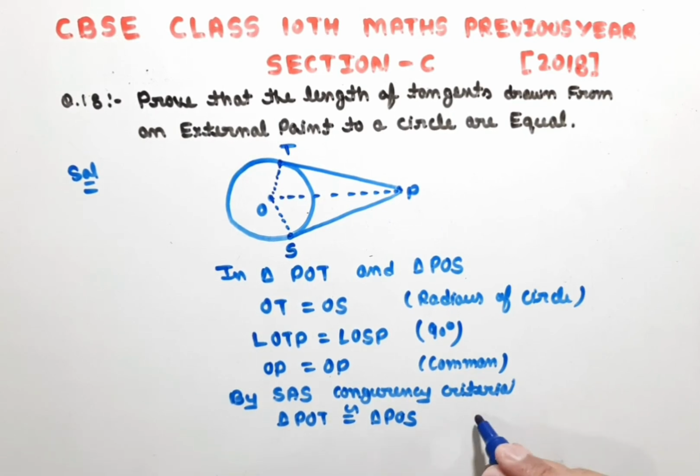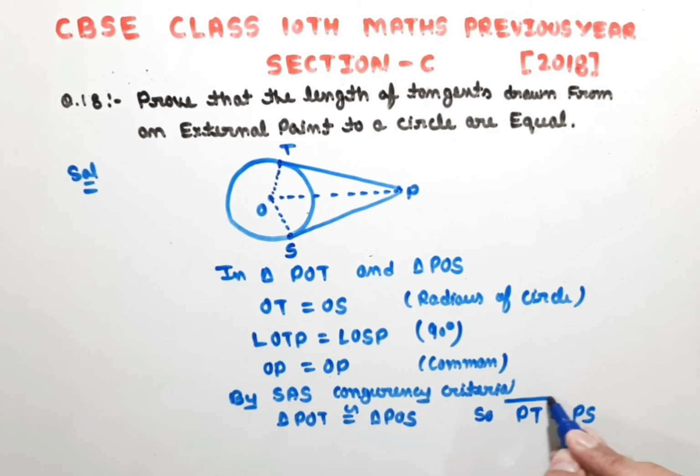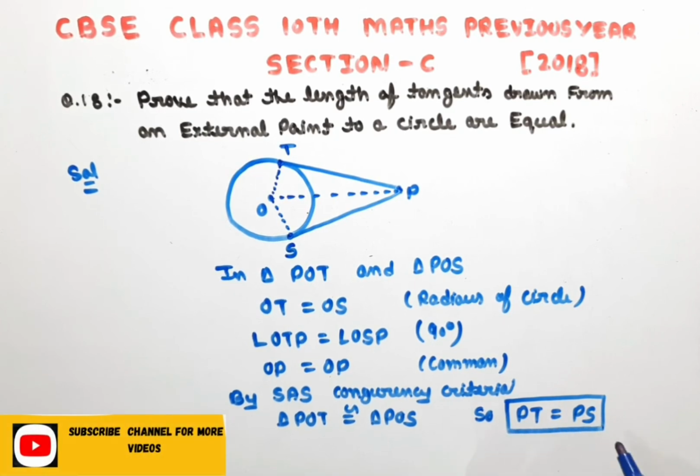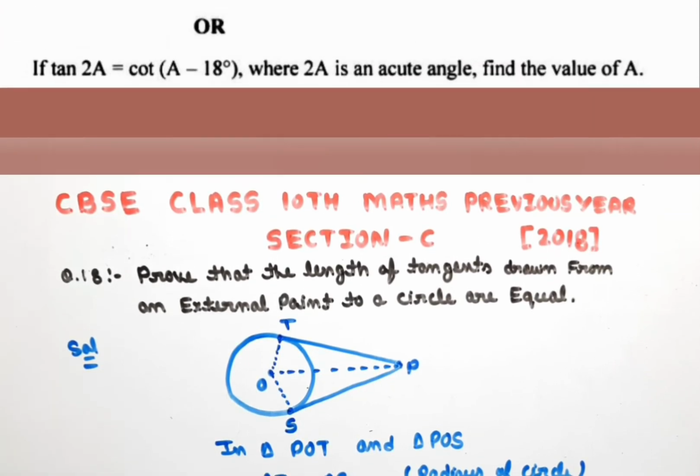So PT will be equal to PS. Hence, the tangents drawn from an external point to a circle will be equal in length. Hence proved.